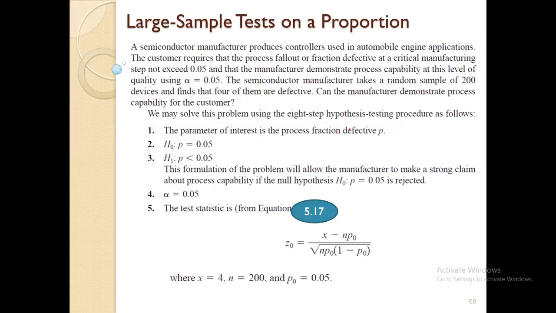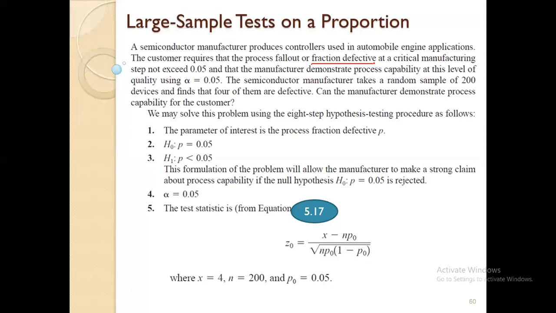So it is a proportion, because it is fraction defective. If you collect a sample and count the number of defects, the number of defects divided by the total number is the fraction. The fraction defective not exceeding 0.05 means not exceeding 5%. The fraction 0.05 means 5%.